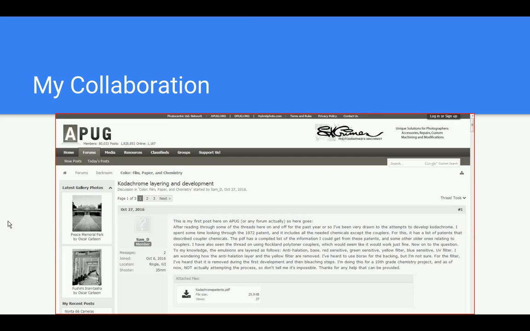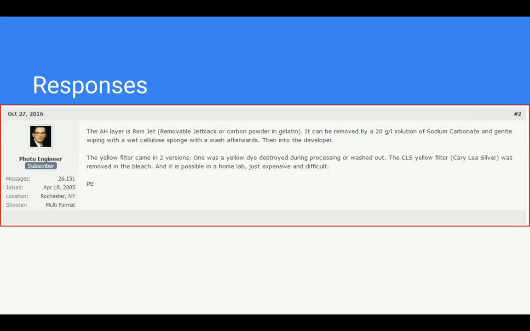And one of the more well-known users on this forum, known as the photo engineer, a retired employee from Kodak, replied to me, clarifying that the anti-halation layer was Remjet.